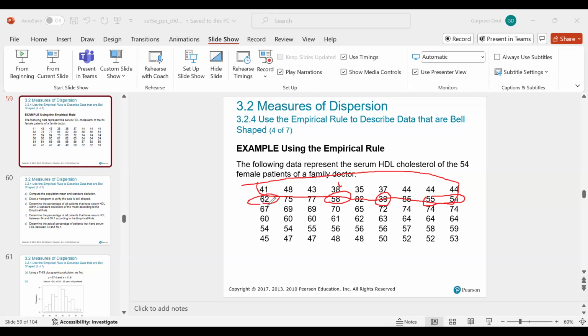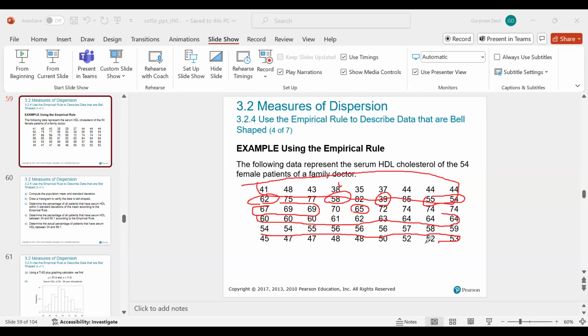In the third line, before 69.1, I have 67, 69, 69, and 65. Then I have 60, 60, 60, 61, 62, 63, 64, so almost the whole line. Then I have 54, 54, 55, 56, 56, 57, 58, 59, that whole line.